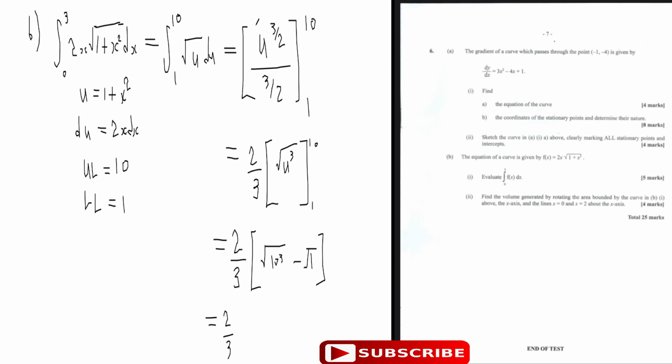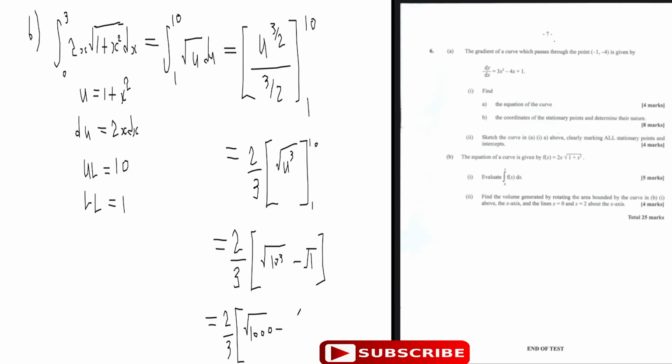I was trying to write this as a pretty answer, but it's not coming to me, so I'll just leave it exact. It's 2 over 3 times the square root of 1,000 minus 1.